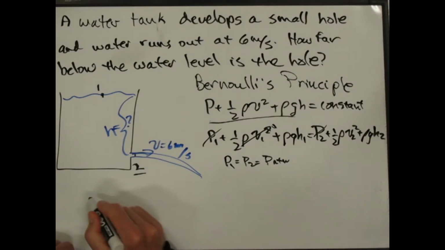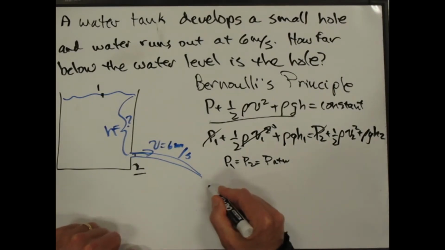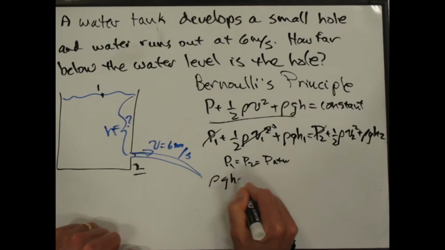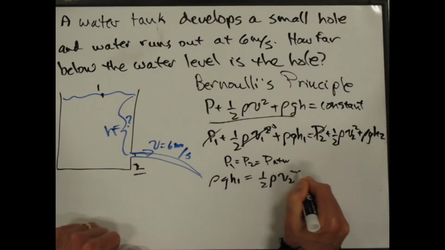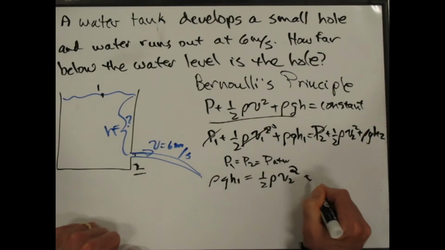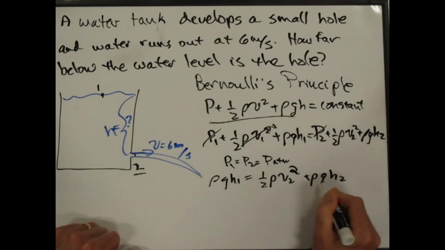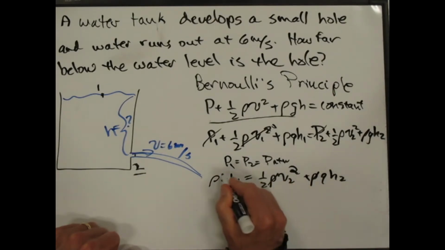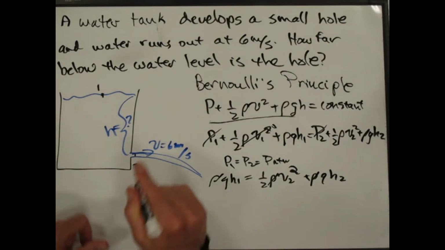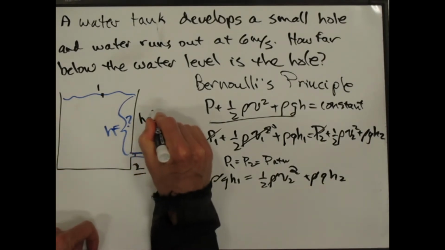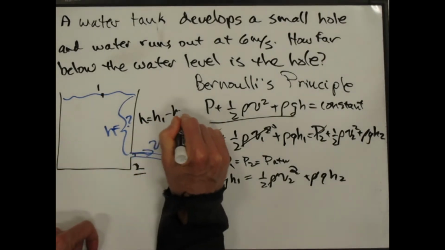I get rho g H1 equals 1/2 rho V2 squared plus rho g H2. Notice every term has a rho in it, and so I can cancel those. And I'm solving for this height, which h is equal to H1 minus H2.